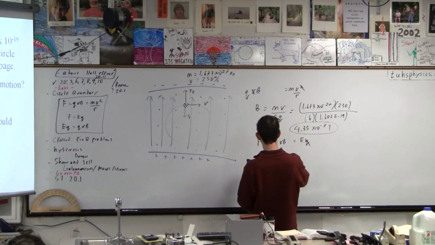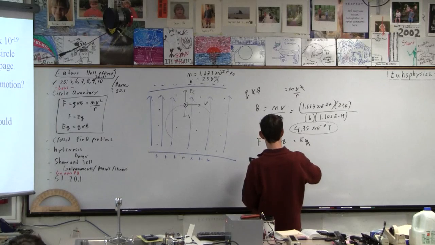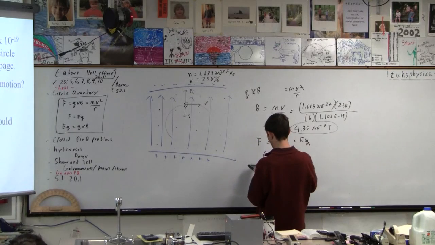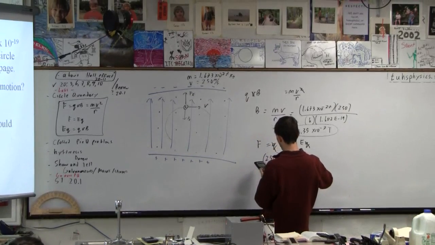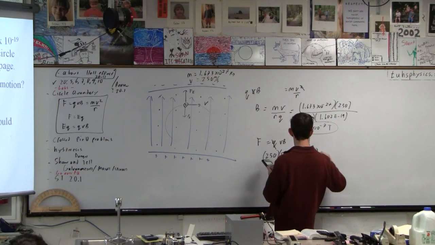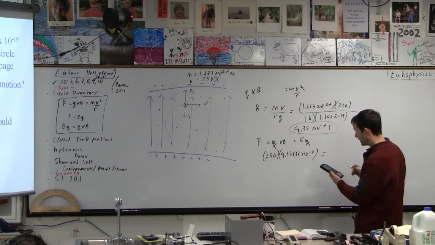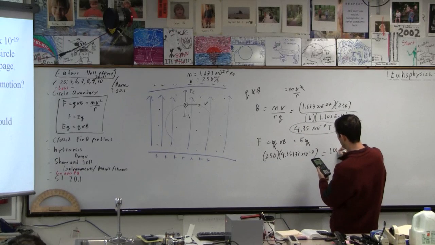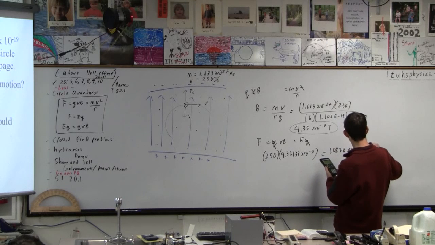To solve for the electric field, it's just V times B. So we go 250 times 4.35133 times 10 to the -7th. And that is 1.0878 times 10 to the -4th newtons per coulomb.